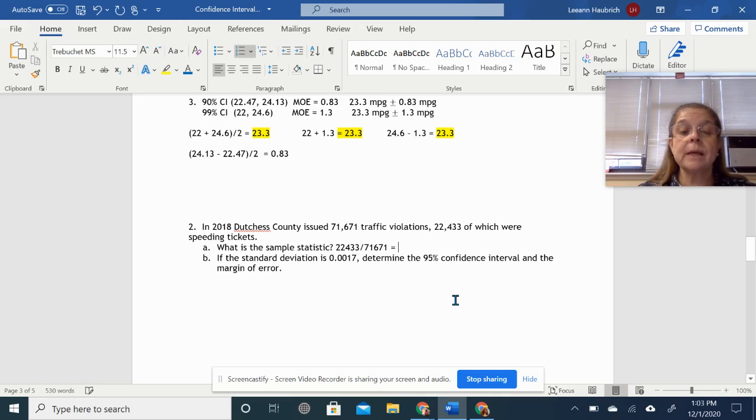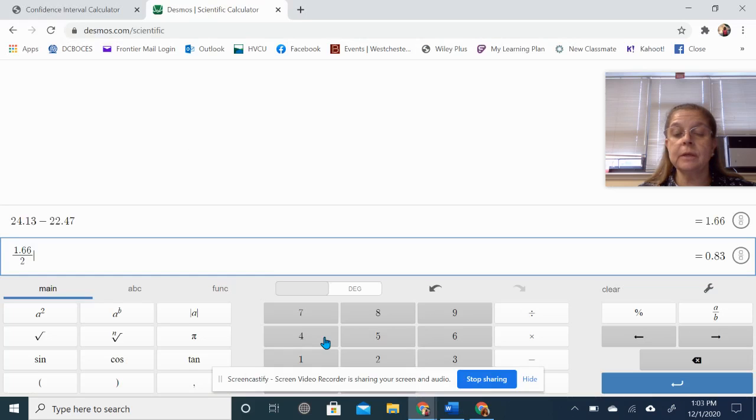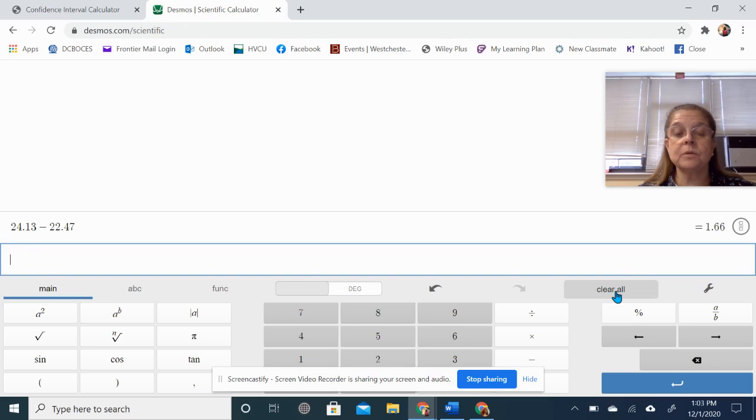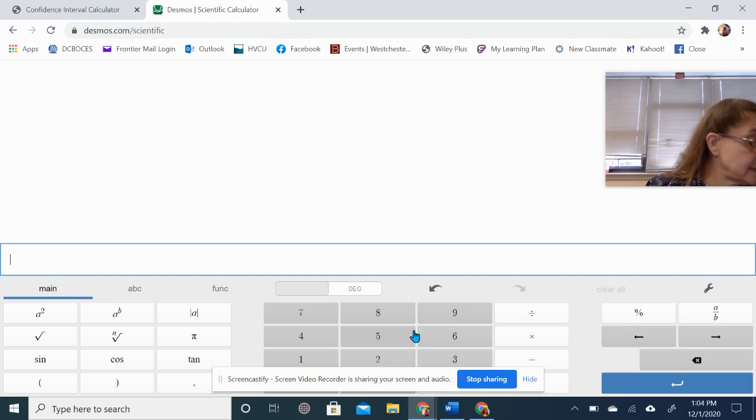So let's start with the 22,433. And I will go to Desmos this time, clear everything out, clear all. And I think I wrote that down so I would not forget it, and I wouldn't have to go back and forth. Maybe I didn't. Okay, I did.